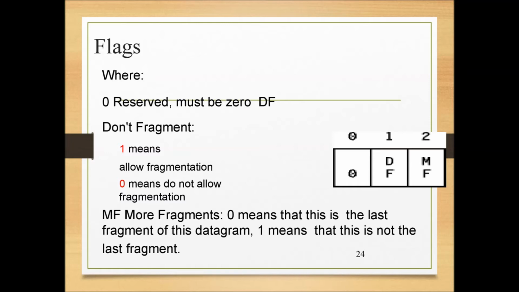So dear students, if there are 4 fragments of a specific file, then the fourth one will be the last fragment. So if there is 0, it means this is the last fragment, and if there is 1, it means another fragment is ready for transmission.